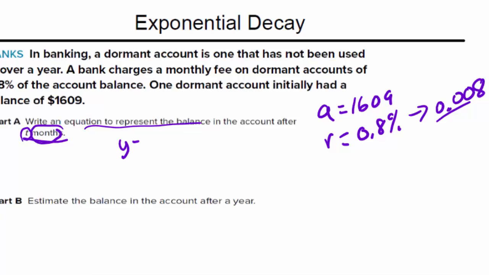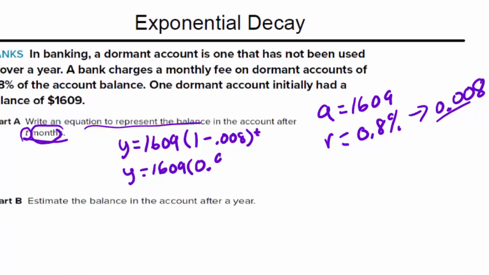So I'm going to write the equation y equals the initial balance of 1,609 times 1 minus 0.008 raised to the T power. Y equals 1,609, and then 1 minus 0.008 is going to get me 0.992 to the T, which represents 99.2% still remaining each month. That's how we interpret this factor there.